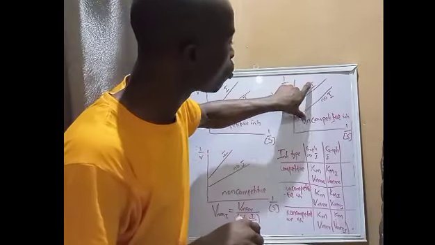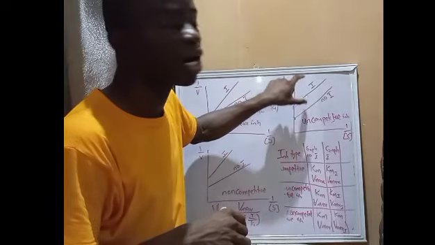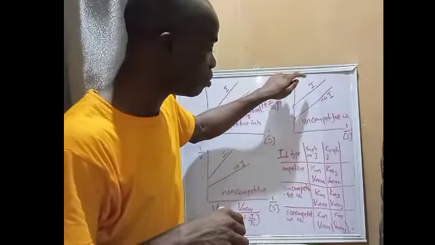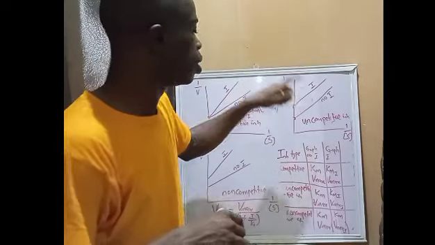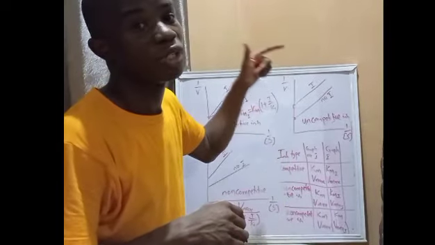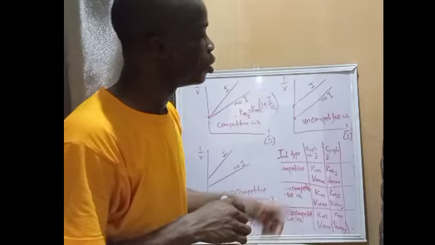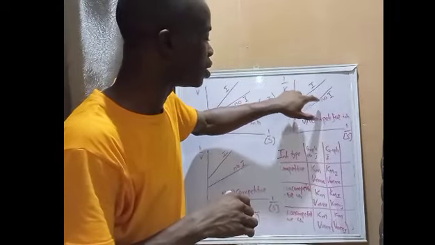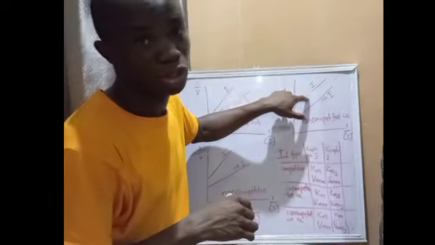But for uncompetitive inhibition, both the Km and the Vmax will change, but the factor between the two of them still remains the same. So in this case also, the Vmax will reduce, and at the same time the Km will also reduce.